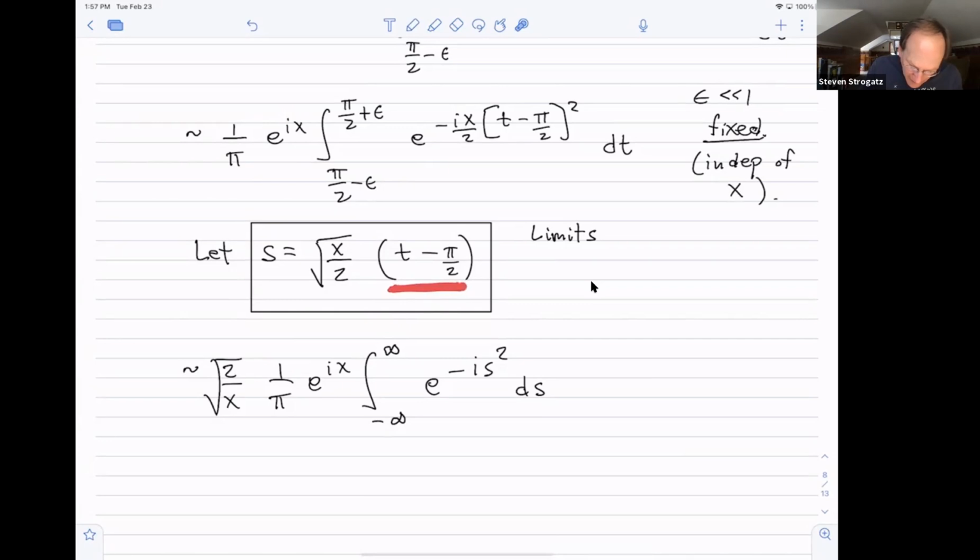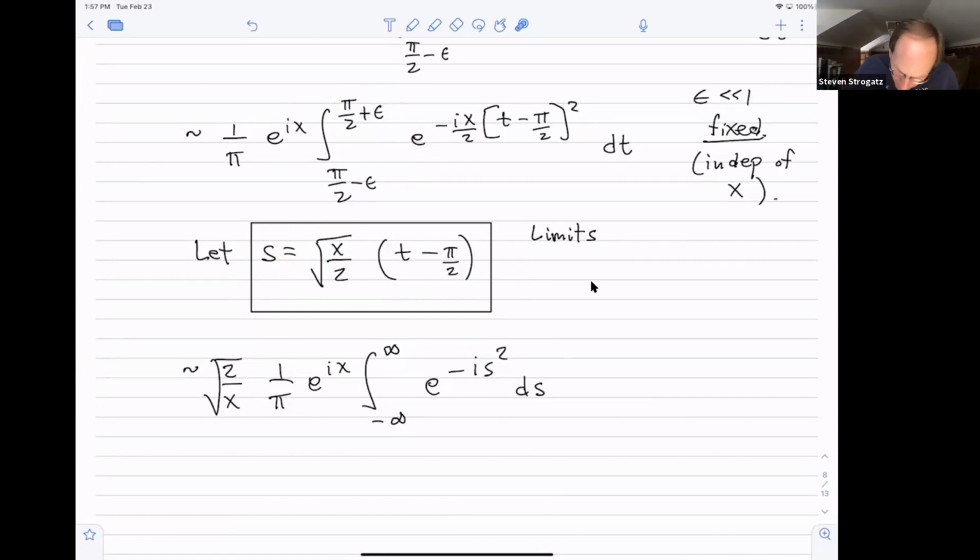But the interesting thing is that when I let x go to infinity, which is the limit I'm interested in for my asymptotics, you can see that this limit up here in the integrand is going to correspond to s going to infinity because of the x going out to infinity. It's this interesting stretched variable where I've taken the little neighborhood of the point of stationary phase and I've blown it up to be the whole real line.